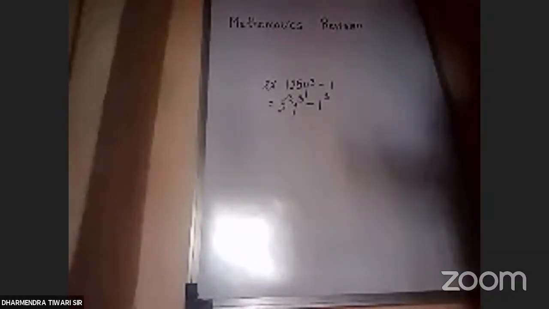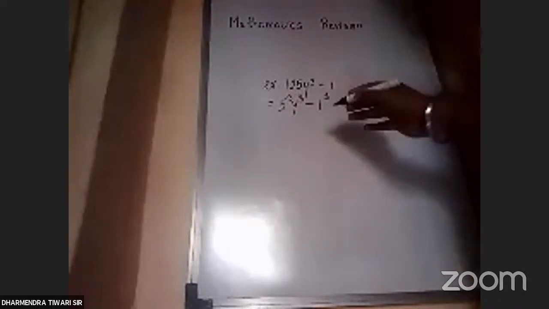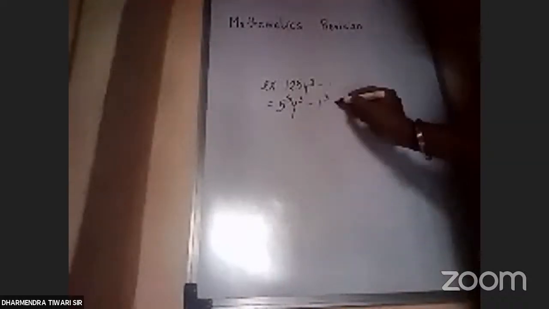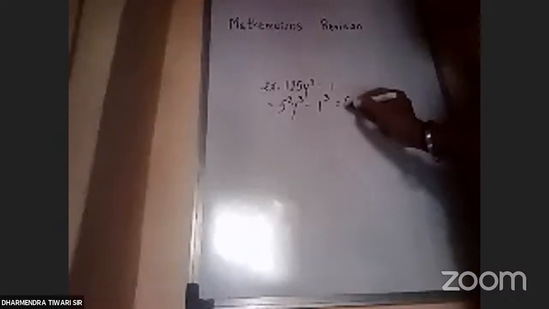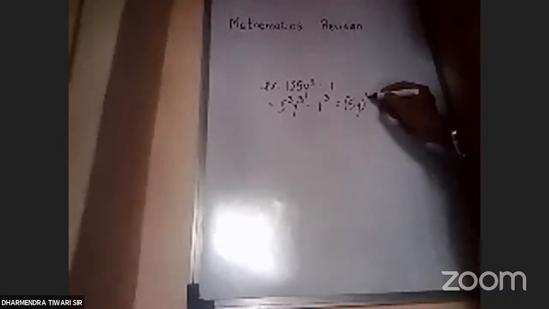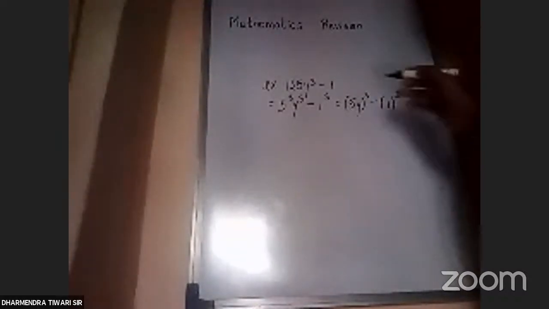You can write 1 square, 1 cube, 1 to the power n. So we can see that I've written it as 5y the whole cube minus 1.